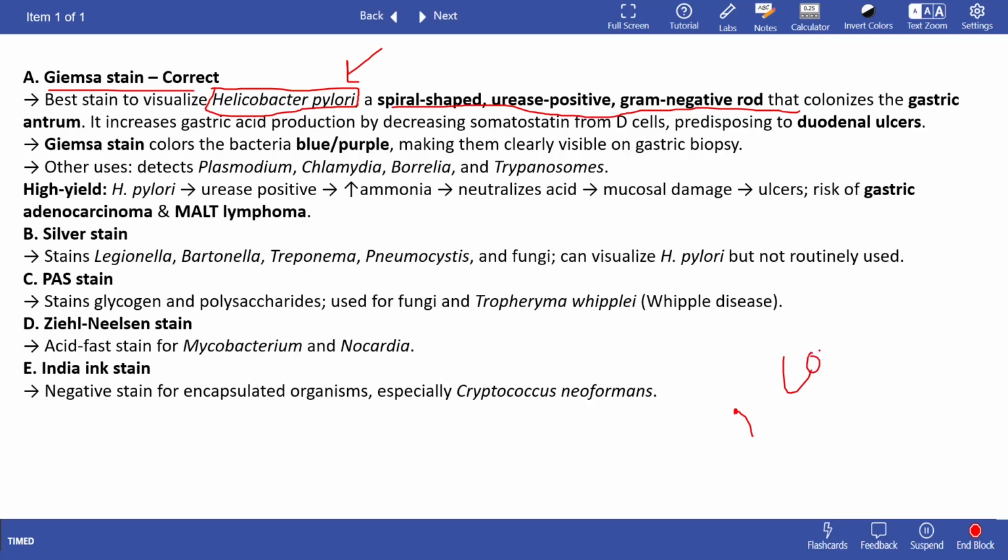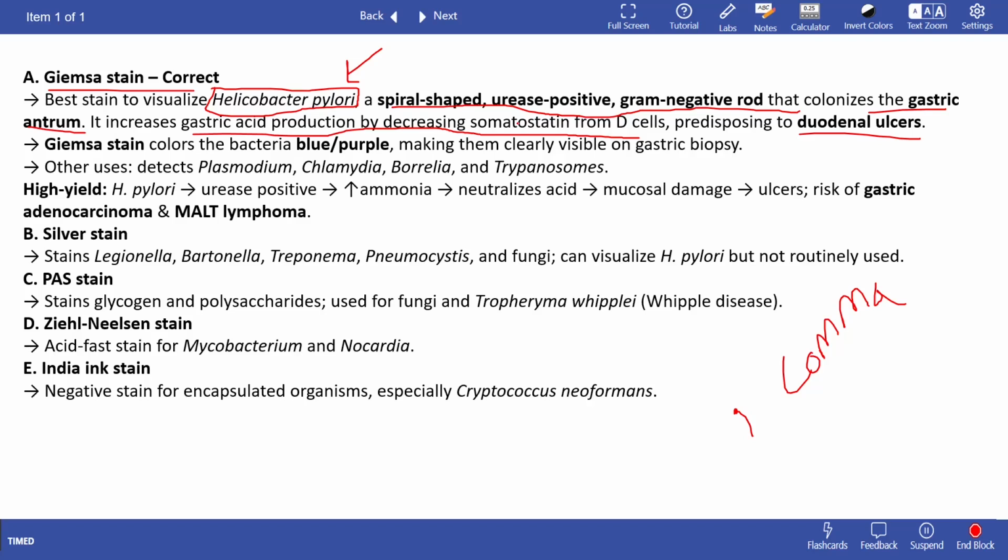So what it basically does is it colonizes the gastric antrum and increases the gastric acid production by decreasing the somatostatin that is released from these cells, and predisposes to duodenal ulcers. What somatostatin basically does is it dulls the HCl, so the gastric acid is prevented from being harmful to the lining of the stomach.